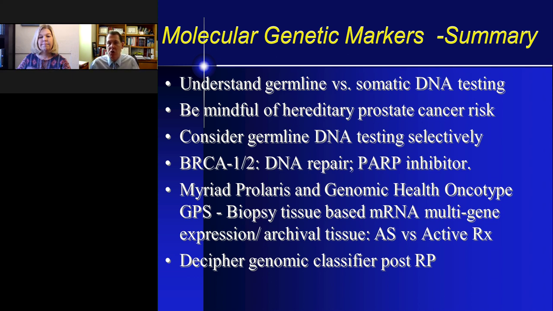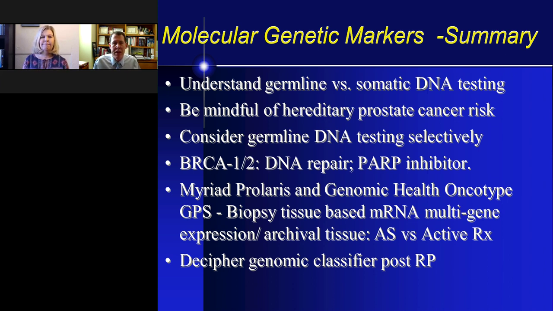Again, we just need to be more mindful of thinking about this, having it in our mind when we take a family history. We should be asking patients about how many generations, if there have been multiple generations with cancer, the different types of cancer that are present, particularly in brothers, sisters, parents, aunts and uncles, and grandparents.